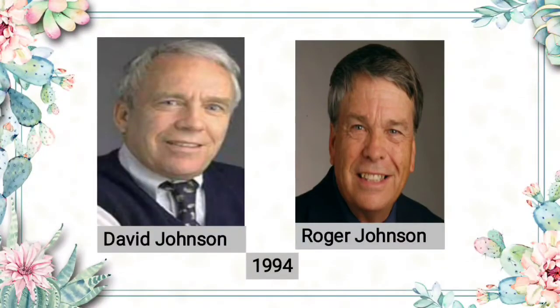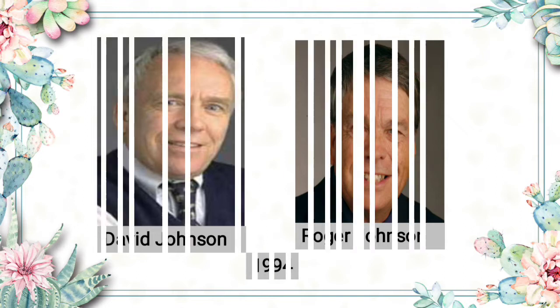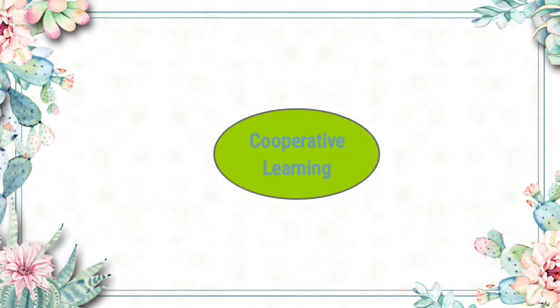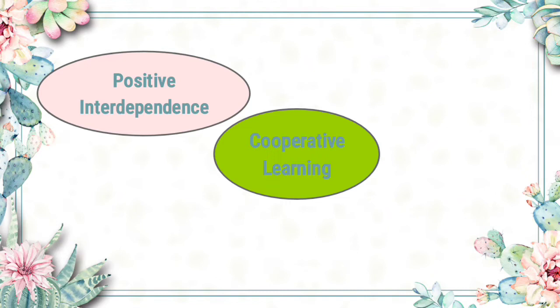The study of David Johnson and Roger Johnson, 1994, presented the 5 basic elements of a small group to be considered cooperative, as cited in Killen 2009. The first of the 5 basic elements is positive interdependence. Meaning, the learners must work as a coordinated group to achieve specific learning goals.